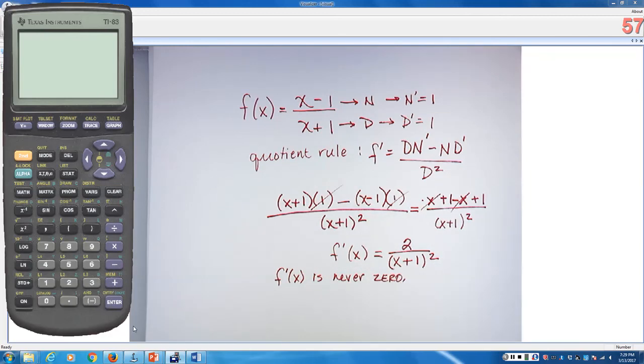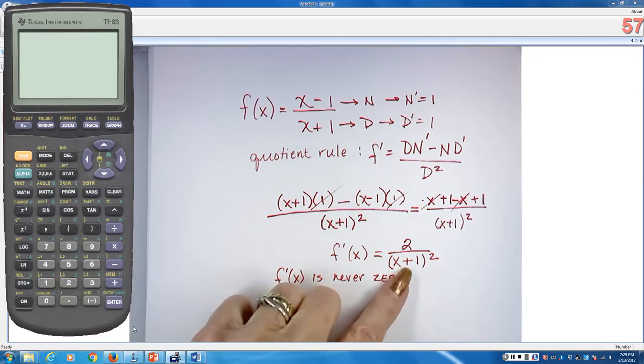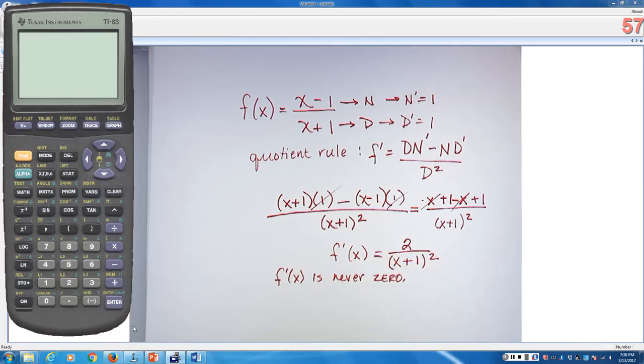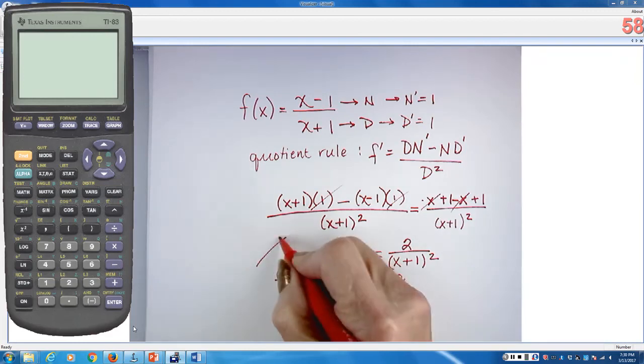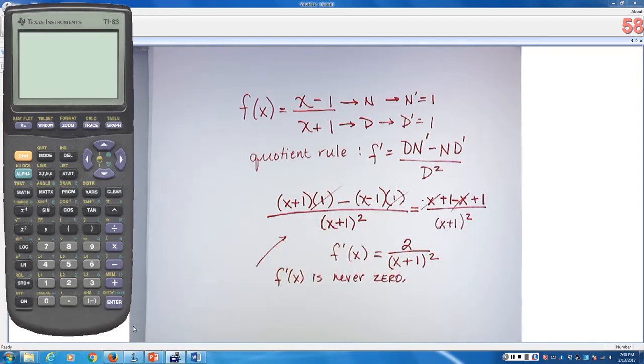In fact, I think what we're going to see is it's always positive. Because even if you get a negative number inside parentheses, squared is a positive number. So f prime of x is always going to be positive, which tells you something about the slope. It's always positive. Okay? Is there a place where f prime of x is undefined or does not exist?